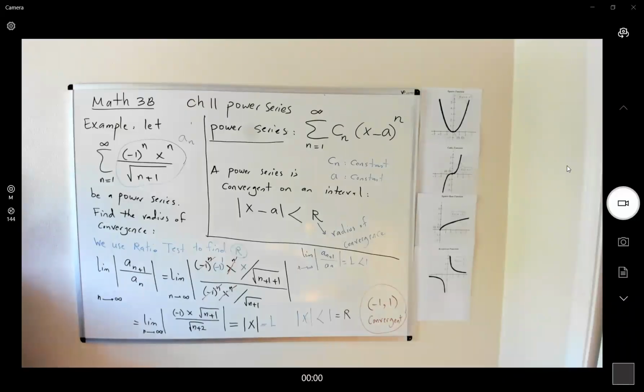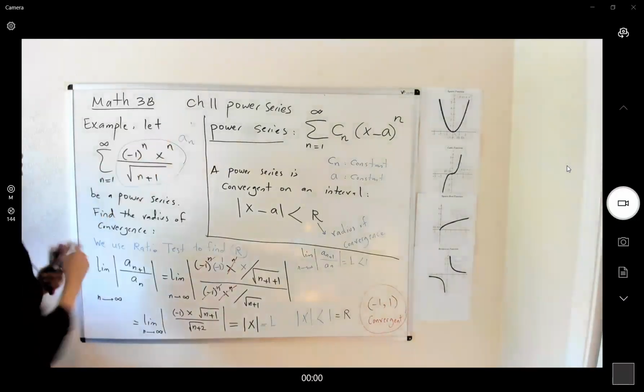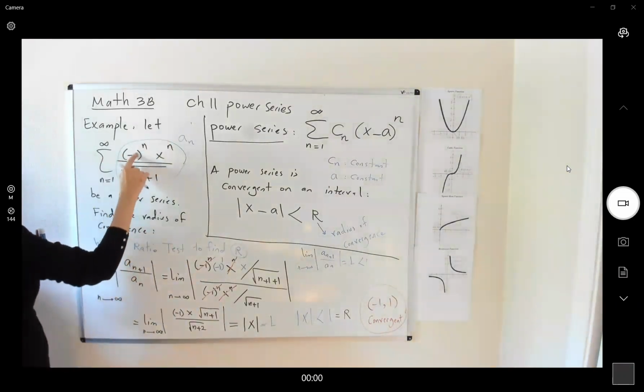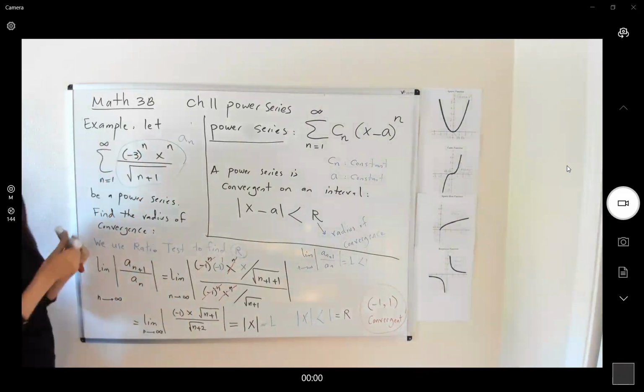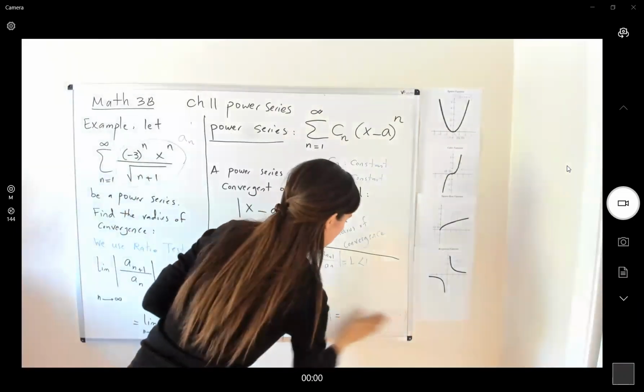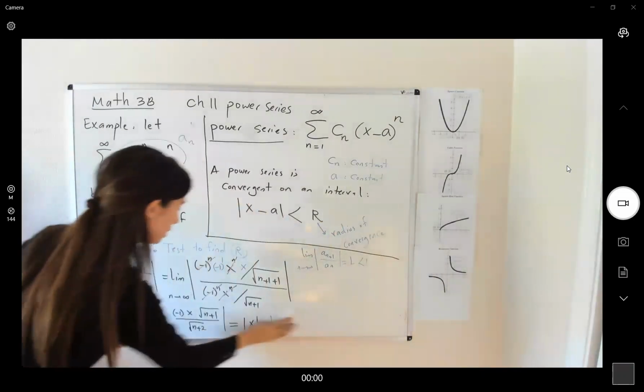Another example for you. Suppose I change my power series to have -3 to the n. Let's see what changes we see here.